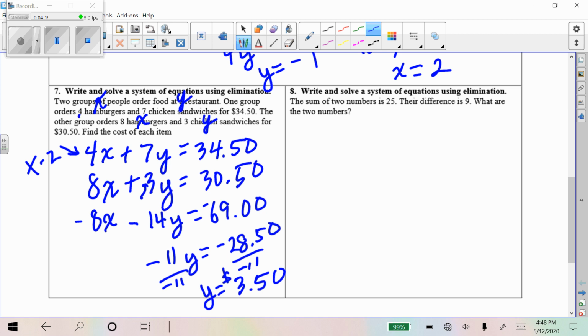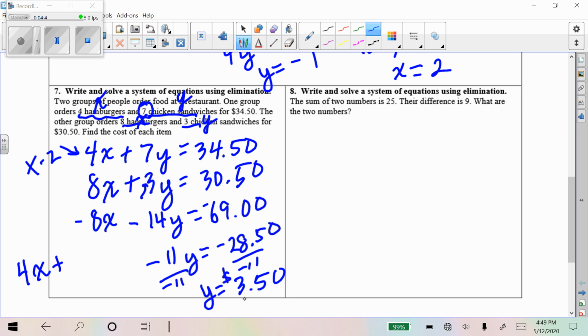So the first group ordered 4 hamburgers and 7 chicken sandwiches. The second person ordered 8 hamburgers and 3 chicken sandwiches. You can pick either one of those to figure out how much your hamburgers are. But let's just do this. 4 times the price of a hamburger plus 7 chicken sandwiches.